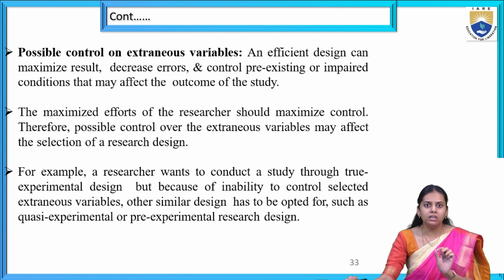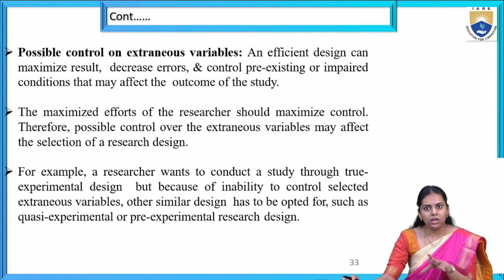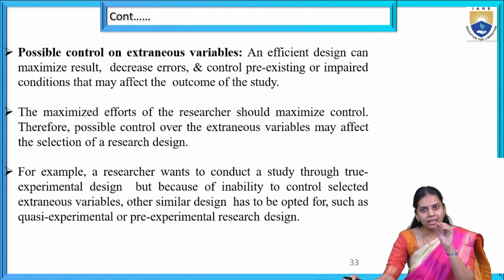Therefore, the possible control of extraneous variables may affect the selection of a research design. For example, if a researcher cannot conduct a study through true experimental design because of an inability to control a selected extraneous variable, another similar design has to be opted for, such as quasi-experimental or pre-experimental research design.